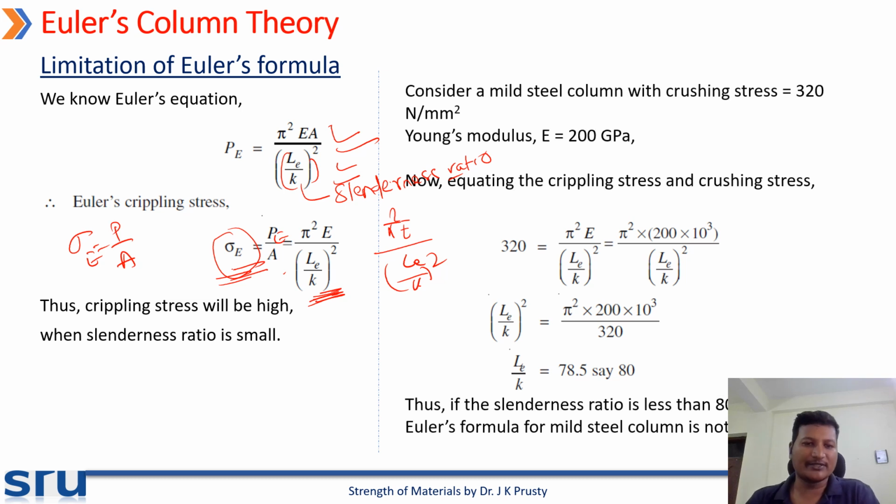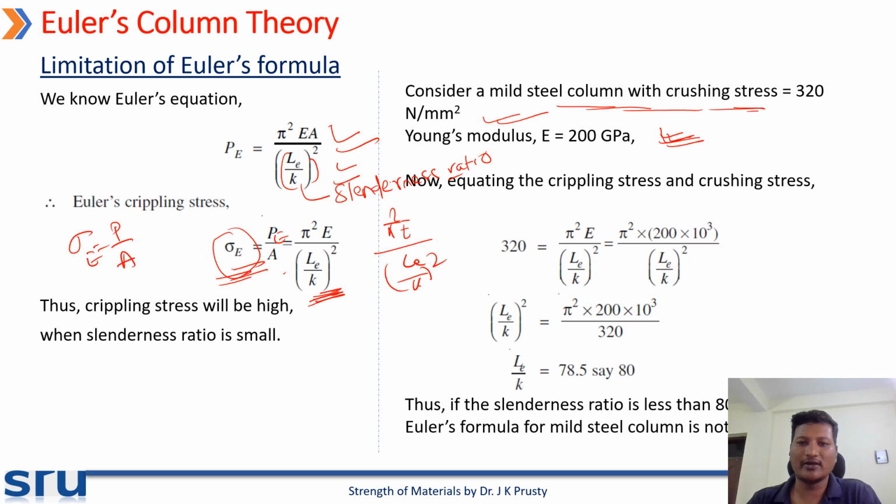So what are the limitations then? If you understand by using this numerical: consider a mild steel column with crushing stress 320 Newton per mm square, and Young's modulus given as E is equal to 200 gigapascal.